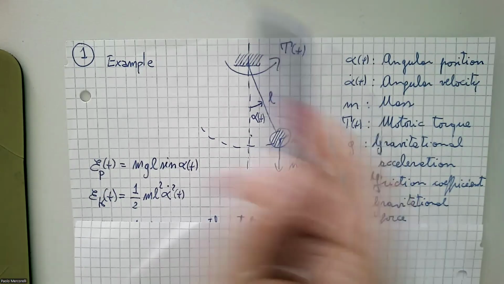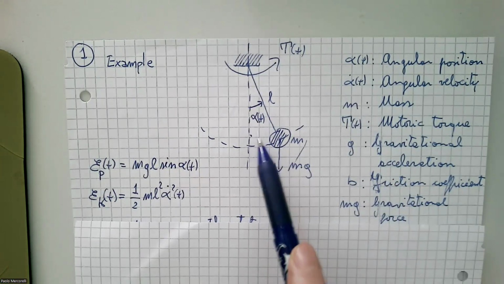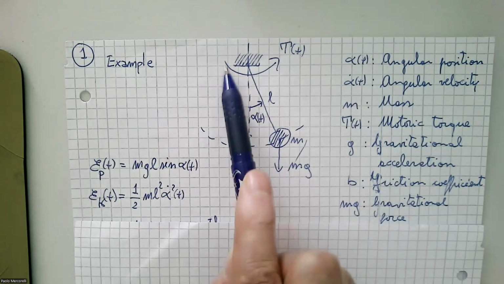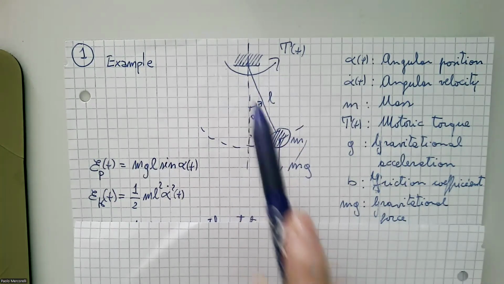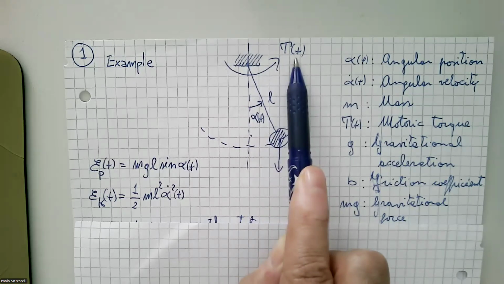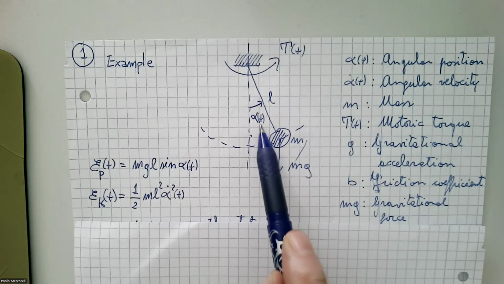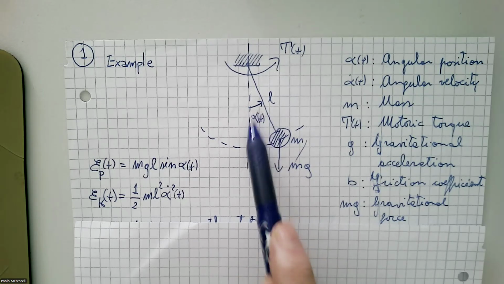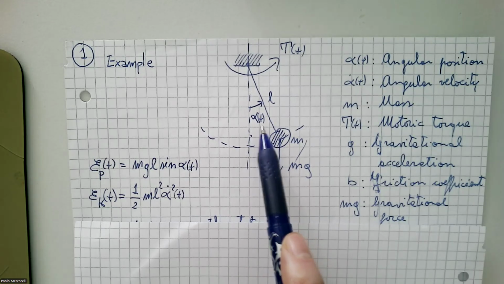This means in this kind of system characterized by alpha, angular position, with its positive orientation, it is easy to build the balance if the orientation of the input is in the same direction as the orientation of the angular position. We will see why the angular position is important.